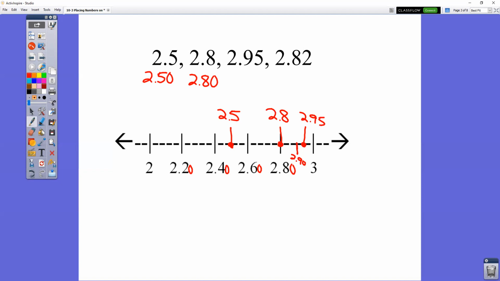So here's $2.80, here's $2.90. In the middle of that would be $2.85. So it would be to the left of the $2.85. This is where 2.82 would go. When you go to take your quiz, I'm going to be very, very picky on where those are.